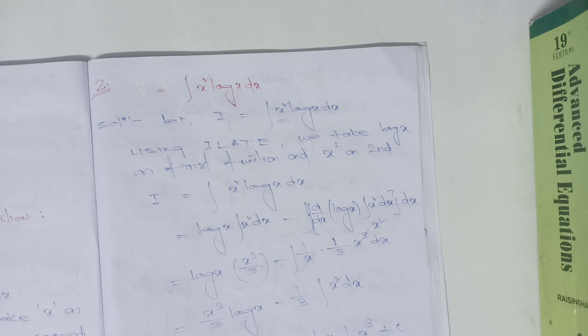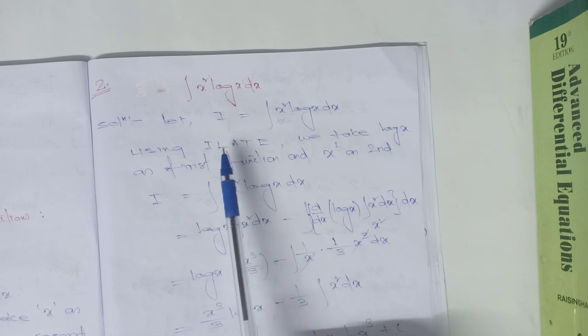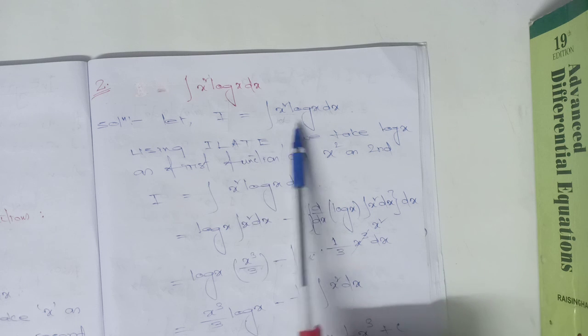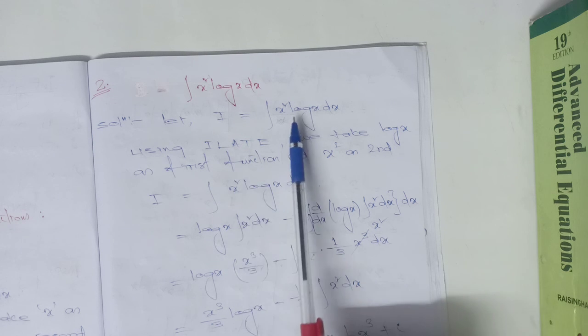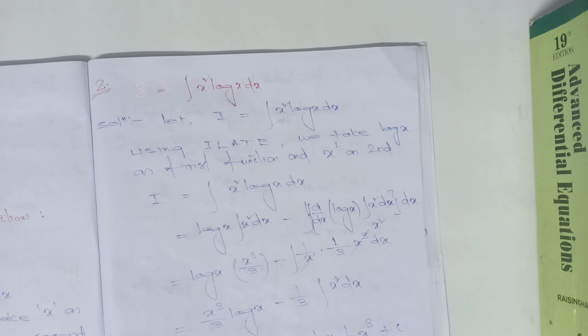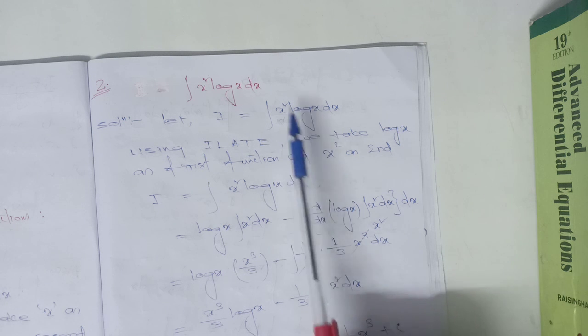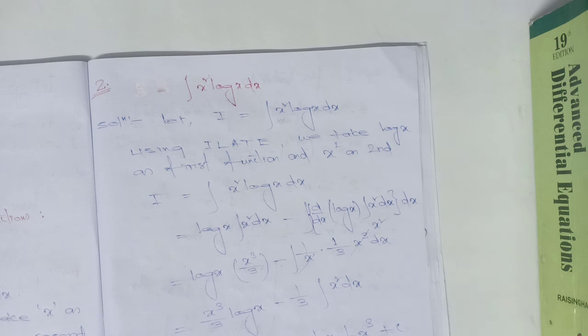So using the ILATE rule, L for logarithmic comes before algebraic, so we'll take log x as u, the first function, and the algebraic function x square as the second function.